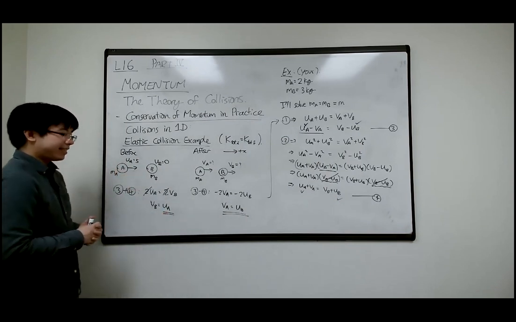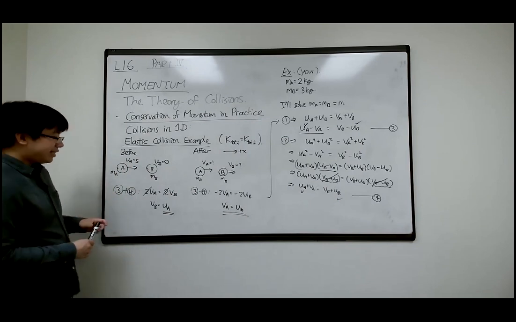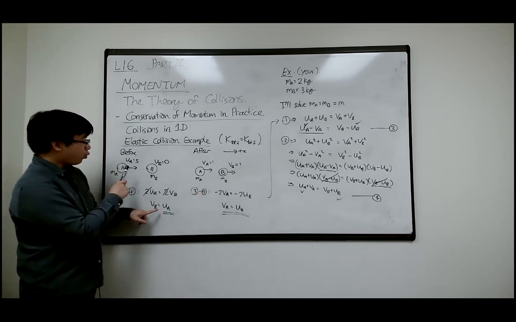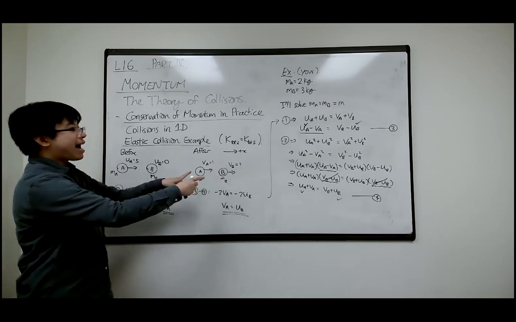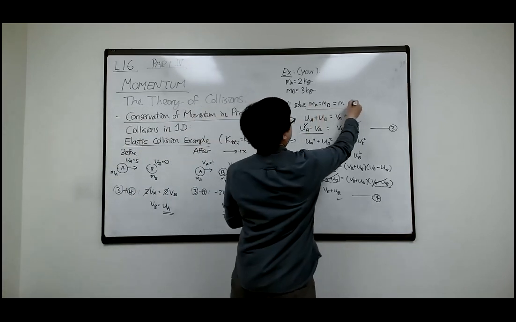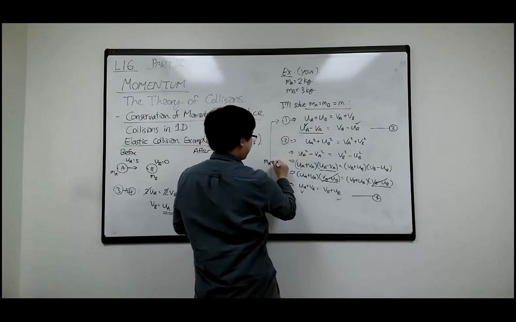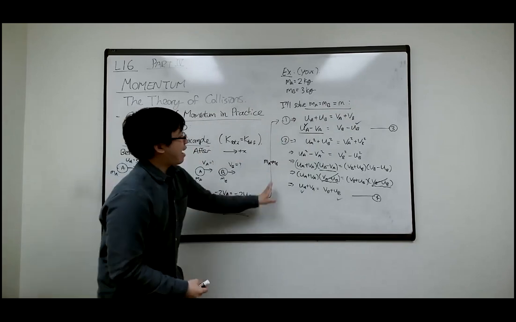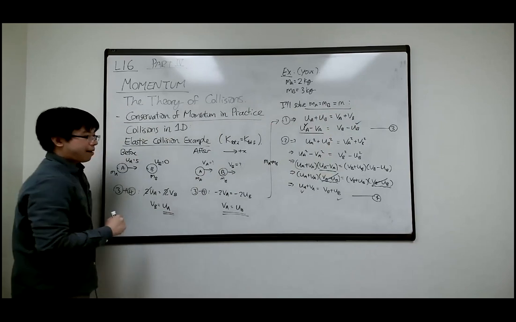But now I learned something even more general: the new B velocity is the same as the old A velocity. I'm using MA equals MB to do everything over here. So the moment I went from this arrow to this side, I'm applying MA equals MB.